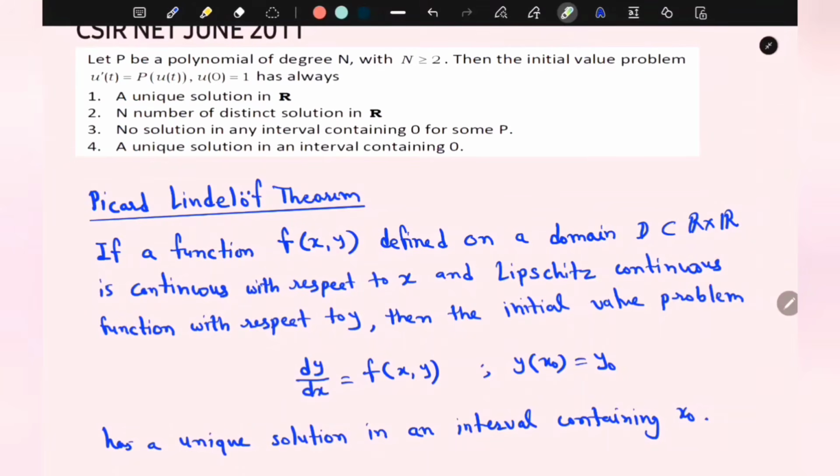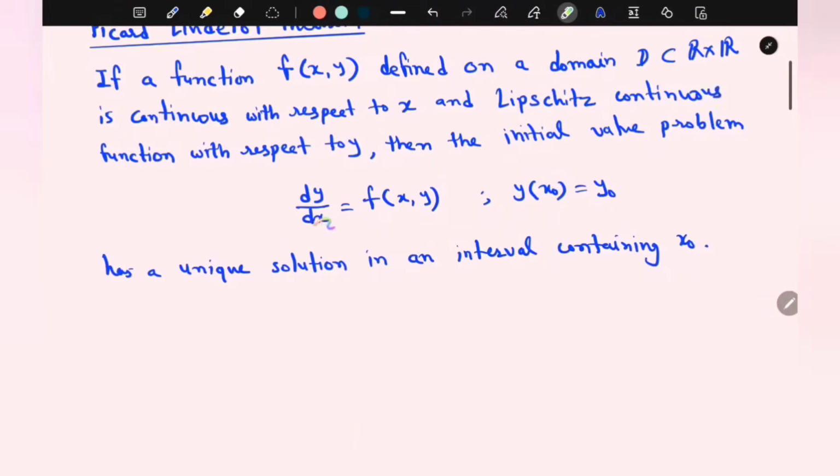The theorem states that if a function f(x,y), defined on a domain D of R cross R, is continuous with respect to variable x and Lipschitz continuous with respect to the variable y, then the initial value problem dy/dx = f(x,y) subject to the condition y(x0) = y0 has a unique solution in an interval containing 0.